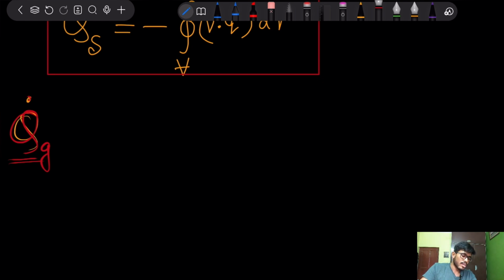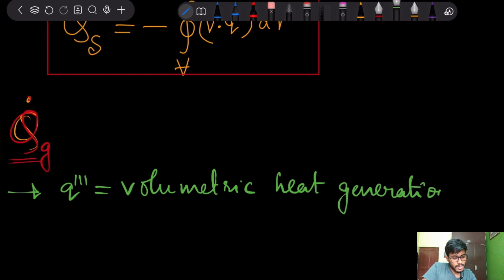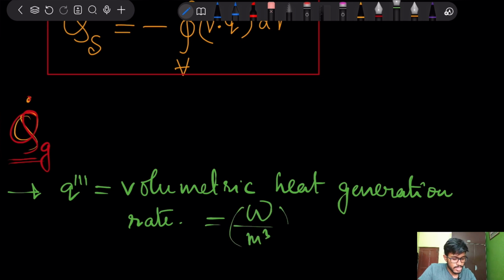So here we will define something called small q triple prime, which is the volumetric heat generation rate. It has the unit of watt per meter cube, SI unit.